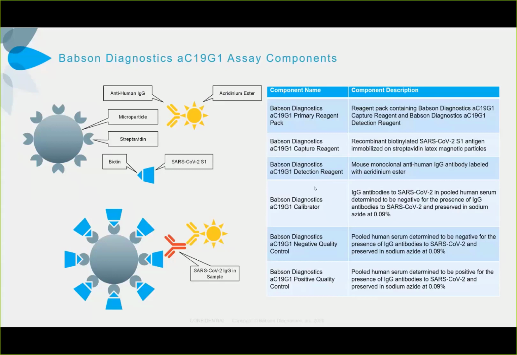We have the Babson Diagnostics Calibrator, which is a pooled human serum determined to be positive for IgG, and the positive calibrator is positive for IgG from patient samples. And the same material or similar material is used to make the negative and positive quality control material.